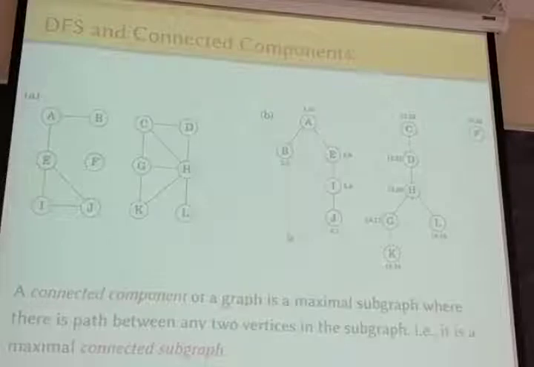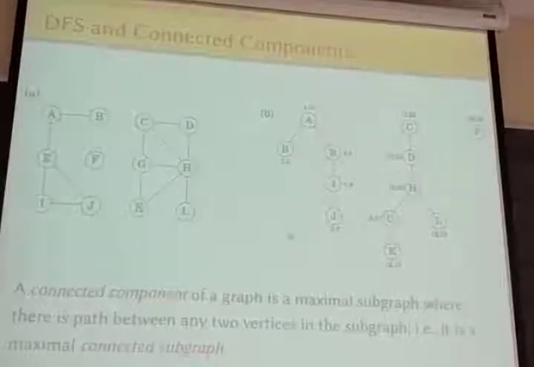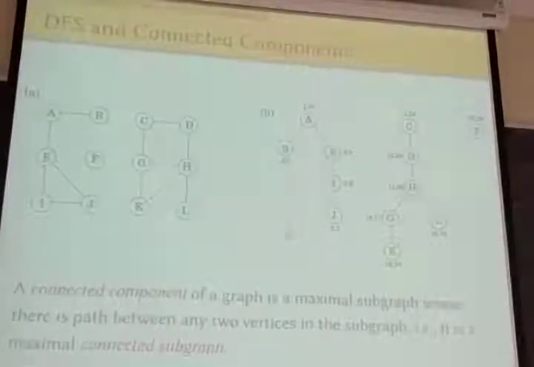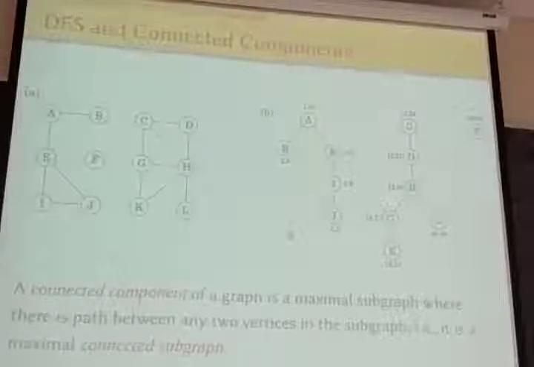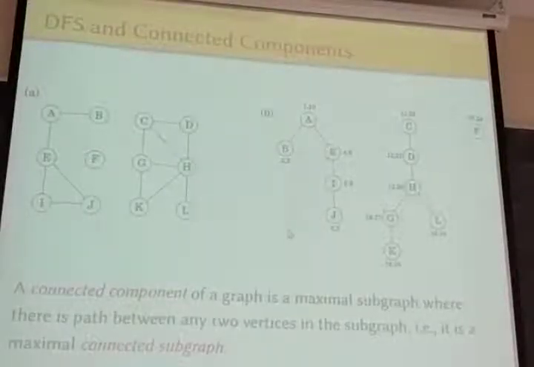get to. Okay, so you can imagine, at least it should be intuitively obvious that when you do DFS, starting at one of the nodes in a connected component, you'll go and visit every other vertex in that connected component, right?